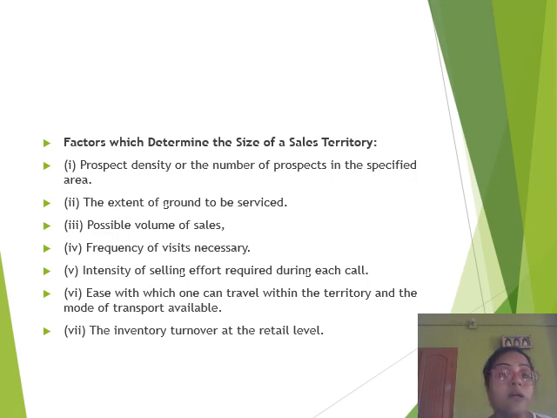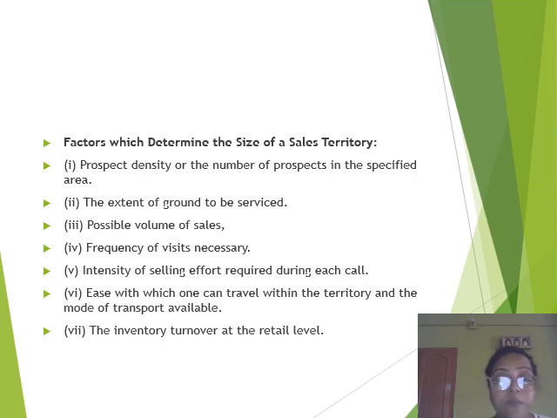That is, number one, prospect density, or the number of prospects in the specified area; the extent of ground to be serviced; possible volume of sales in a particular geographical location, how much sales can be taken out; frequency of visits necessary, how much field visiting is necessary in a particular location; intensity of sales effort required during each call; ease with which one can travel within the territory; and the mode of transport available.